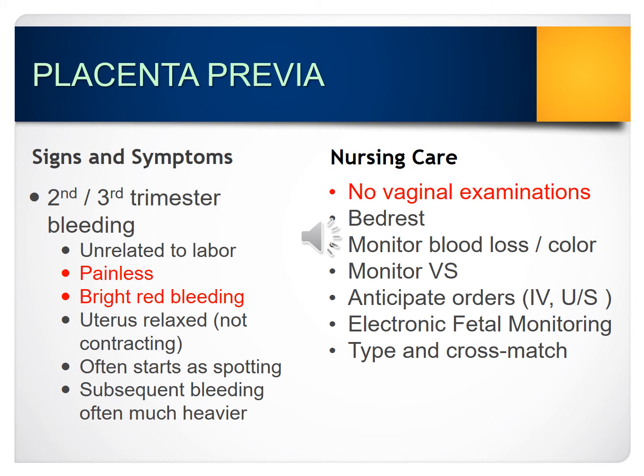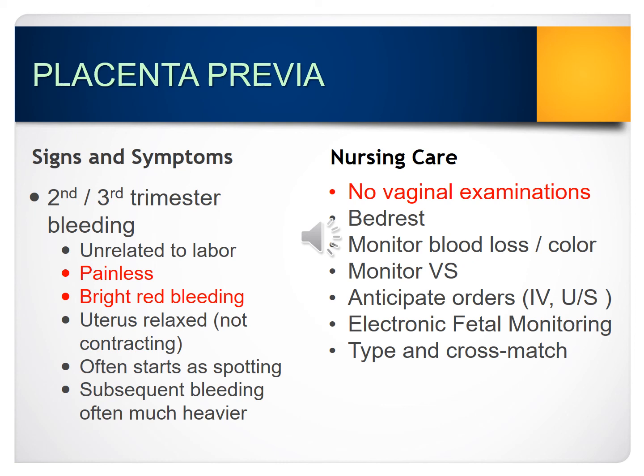In the second and third trimester, if a woman has been diagnosed with a placenta previa and has bleeding, it's going to be painless bleeding, meaning that she's not going to have any contractions. She's just going to note that there's some bleeding. It may be spotting, it may be light bleeding, it may be heavier bleeding, and it's going to be bright red, what we call fresh blood.